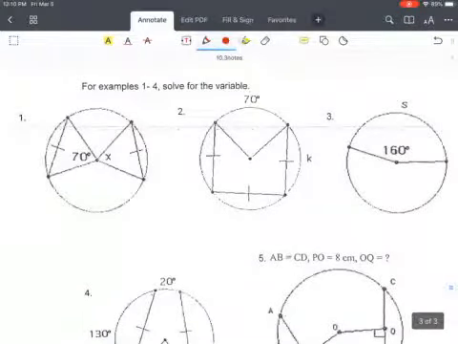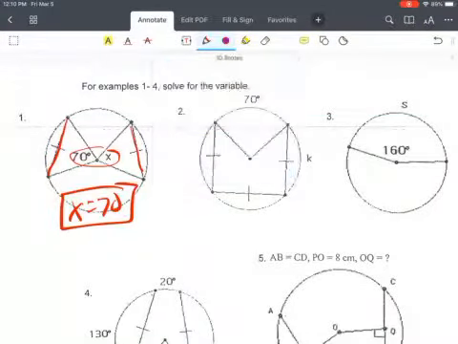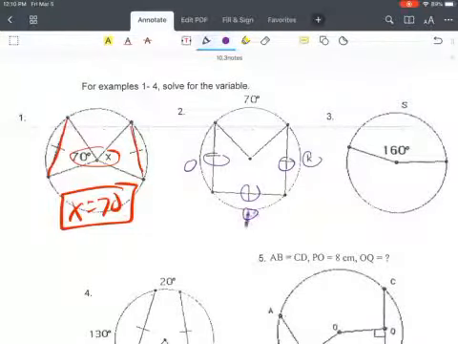So solving some problems here. This is one of them. We have congruent chords, which means we have to have congruent central angles. So x would have to equal 70. Same concept here in number 2. We have 3 congruent chords, which means we have to have 3 congruent arcs. So all 3 of those arcs are going to be K. I now know that all 3 arcs have to add up to 360.